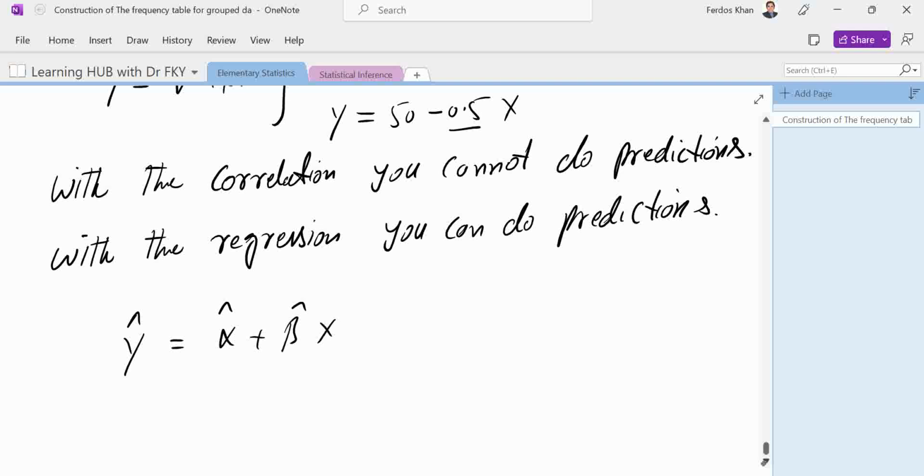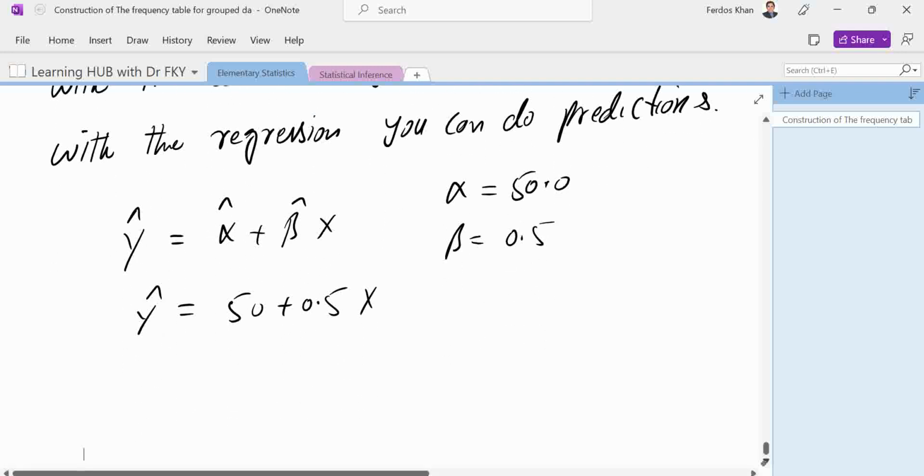These are the estimated values. Let's suppose alpha in the above equation is 50.0, and beta is, suppose, 0.5. This means that y is equal to 50 plus 0.5 x. You have all the things on this side: alpha, beta, and x.